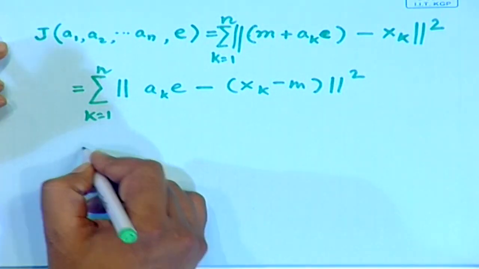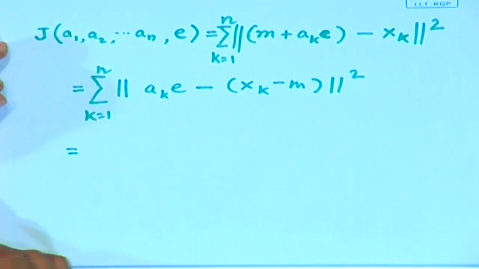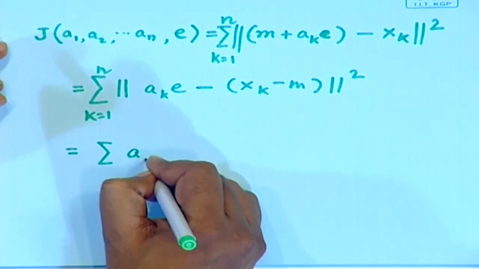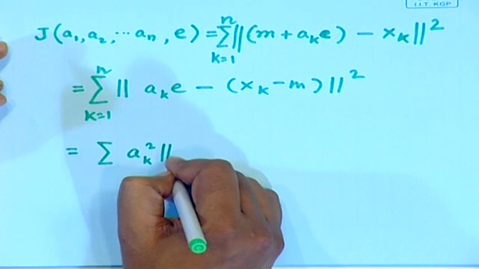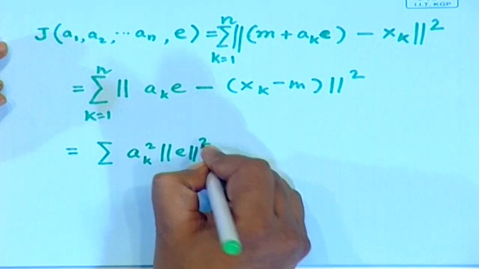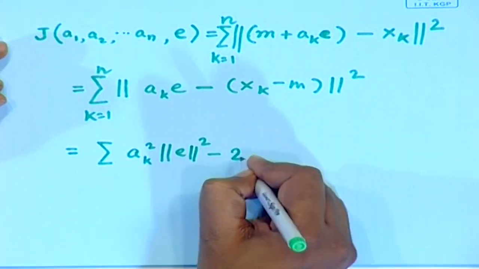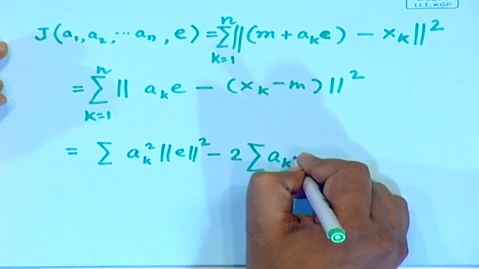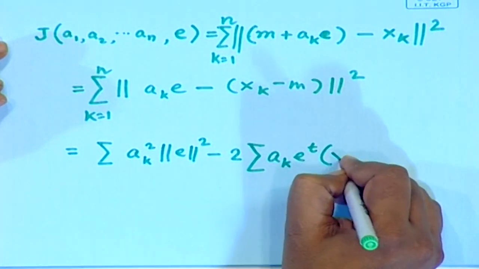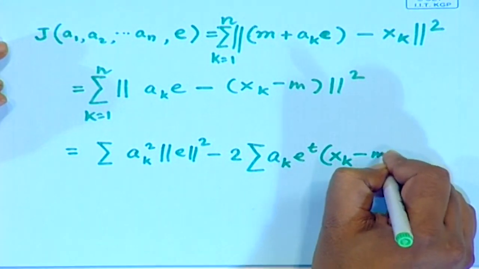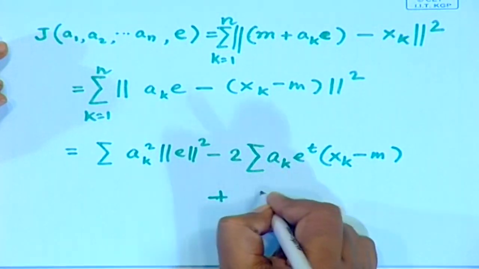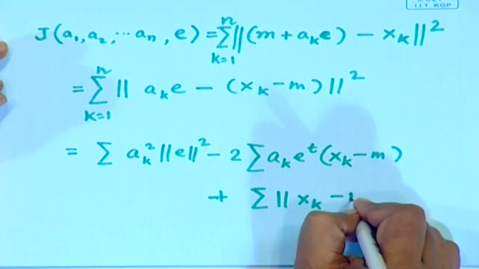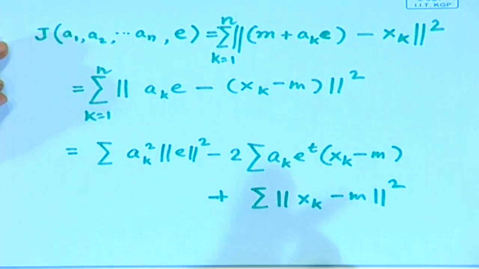I am trying to estimate the error. If I expand this square, it simply becomes the sum of ak square into mod of e square, minus 2 times the summation of ak e transpose (xk minus m), plus the sum of (xk minus m) square.